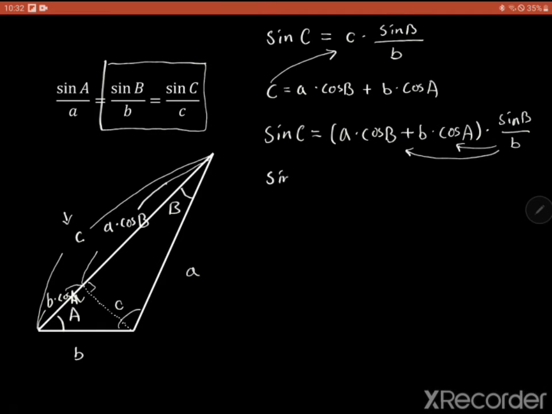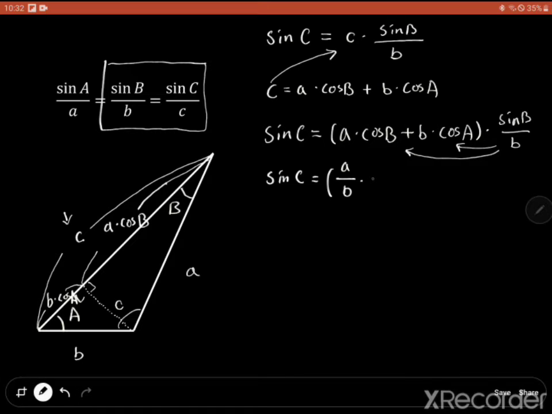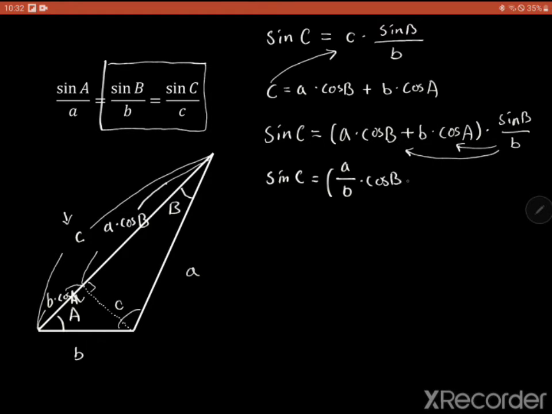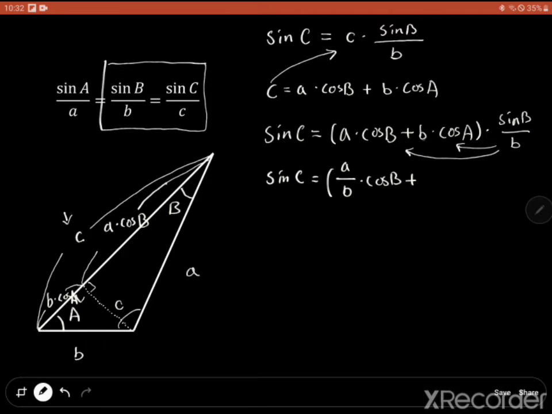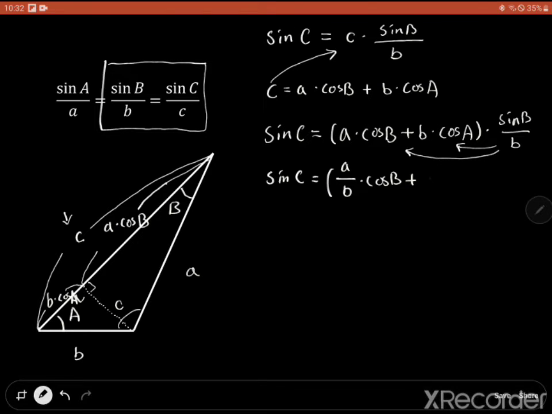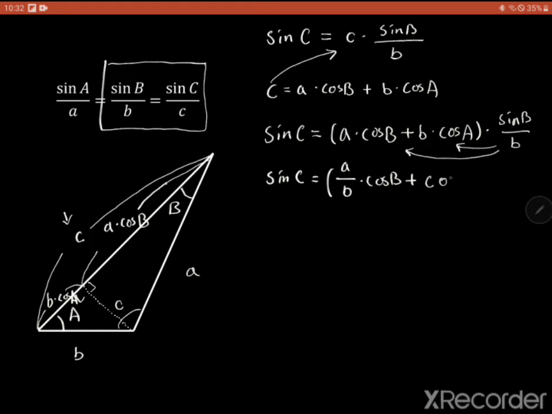So sine C is equal to a over b multiplied by cosine B plus, here we have the term b multiplied by 1 over b, so it becomes 1, no need to write, so just write cosine A.